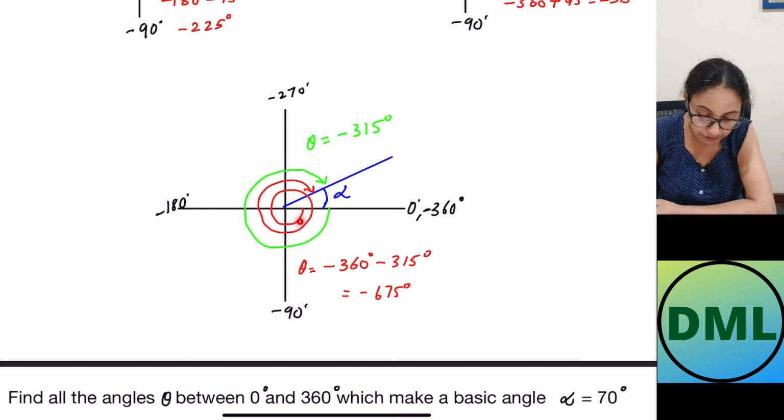So I covered negative 360 degrees and then I covered more, minus 315 degrees. So my angle theta is minus 360 degrees minus 315 degrees, because I took one round and then moved more till angle alpha. So I added it to minus 360 degrees and my answer is minus 675 degrees as my angle theta.